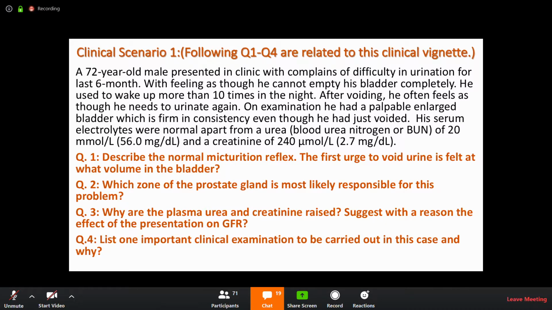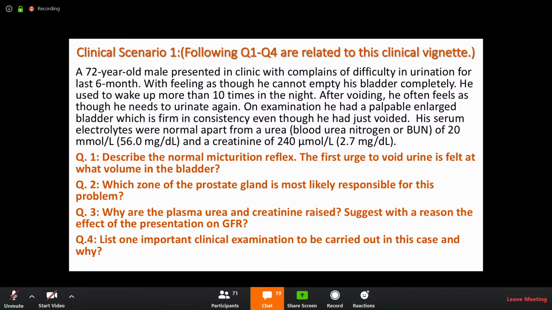So if the urine is accumulating in the bladder, that means you have a backup of pressure in the entire urinary system. So you're having a backup of pressure in the ureter, in the calyx, and in the pelvis. And this backup of pressure is essentially coming all the way up to the Bowman space.